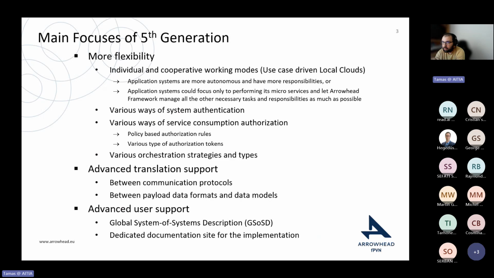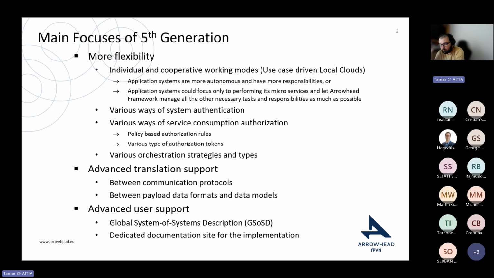One is when your Arrowhead components, the core systems, are working individually and not cooperating with each other. So your application systems should be more autonomous and should have more responsibilities. Sometimes this is the required way of behaving. And the other type of working, which we call the cooperative working mode, is when your application system could focus only on performing its microservices and let the Arrowhead framework manage all the necessary tasks and responsibilities as much as possible.